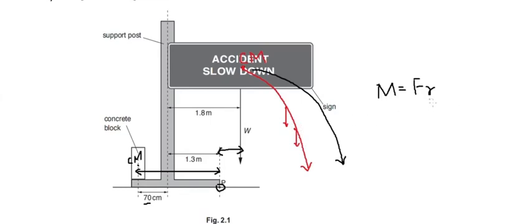So r is the perpendicular distance of this center of mass from the point P. This line is showing you the line along which the center of mass of this signboard will fall once we remove this concrete block. So what is the perpendicular distance from point P? If you consider this point, then this is the perpendicular distance from the point P. Okay, this is the point P here.